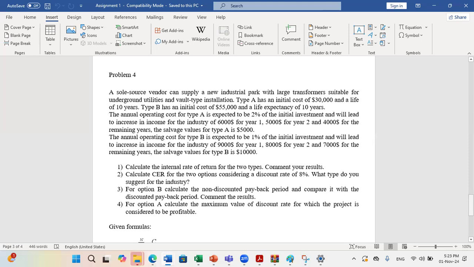I will do this with you to see in reality how we can reduce the time of comparison. So in general, when we want to study a project, the best approach can be to start to evaluate the non-discounted payback period, because it can be an indication.